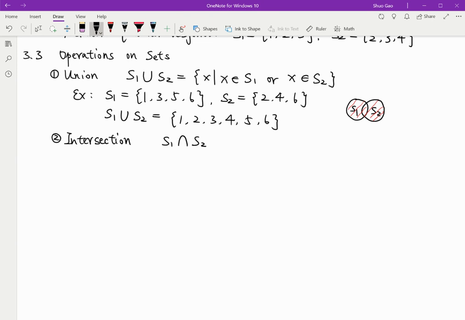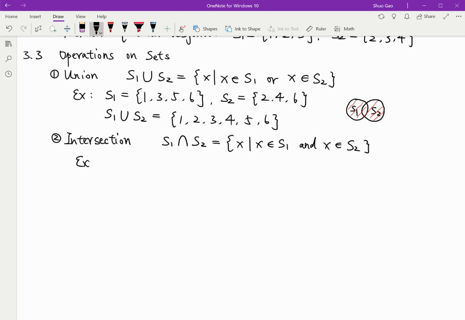It's kind of like an N, or a downward pointing U. So S1 intersect S2 equals all the X such that X is in S1 and X is in S2. So the intersection contains the X that is included in both S1 and S2. So it's a stricter condition.